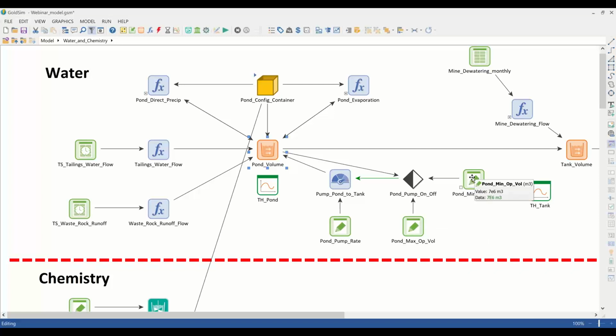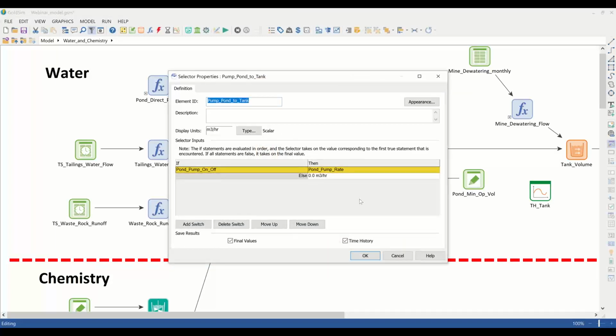When it gets below the minimum operating volume, which is 7 million cubic meters, the pump turns off. And then I just have a pumping rate here of 3,600 cubic meters per hour. This is a big pond, so the rate is really high. And the selector element just turns the pumps on and off. So it's either on if the status element is true, and it's off if it's false.